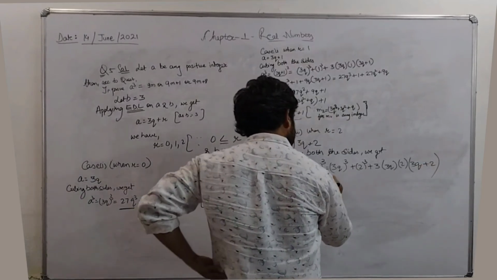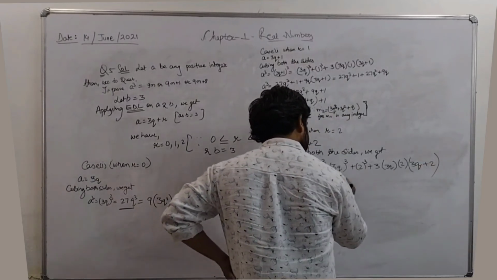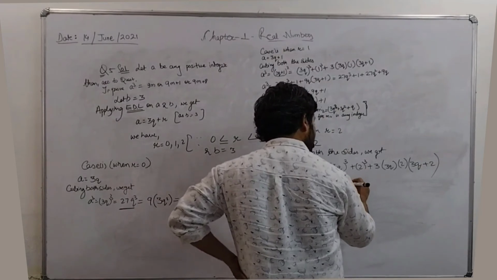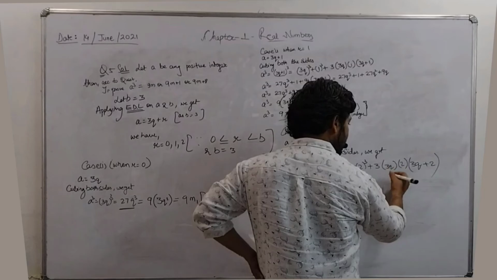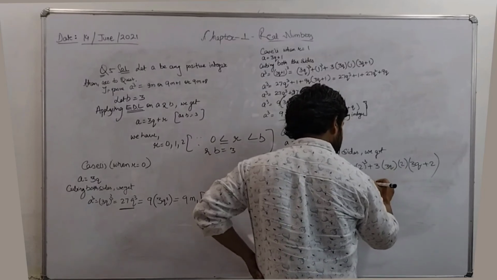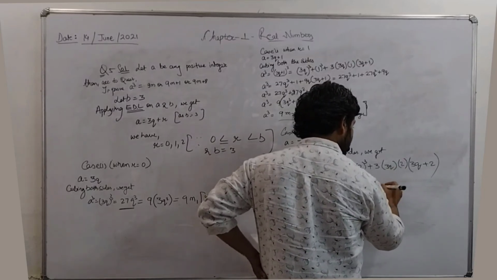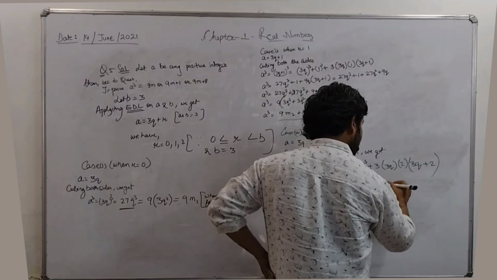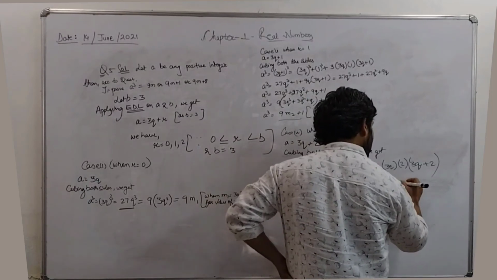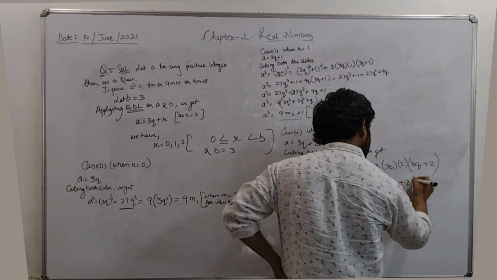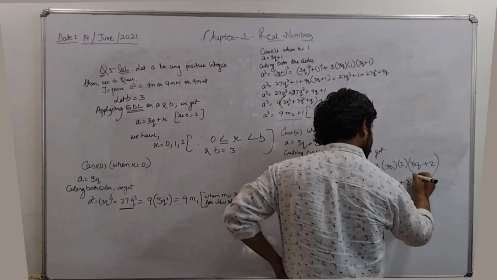So now we can simplify the question. 27q cube plus 8 plus 9 into 2, 18q into (3q plus 2).